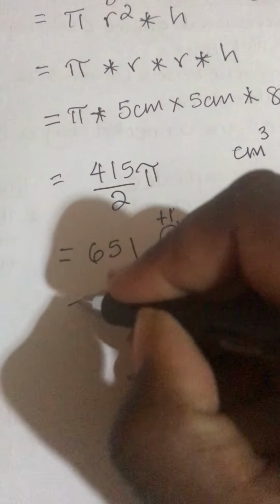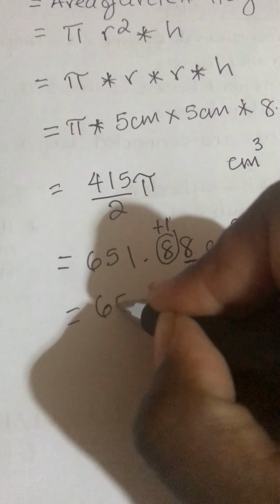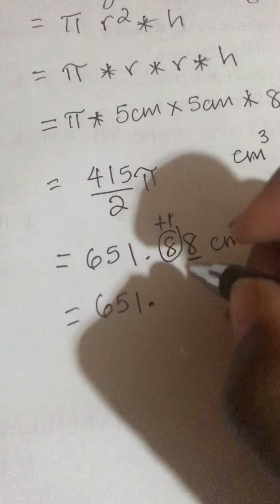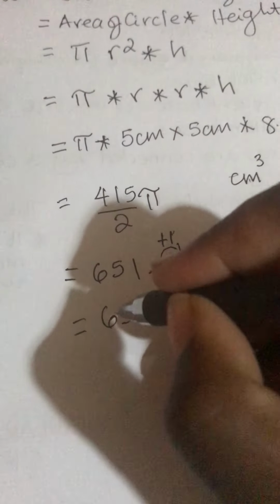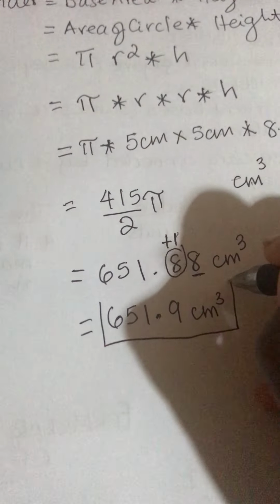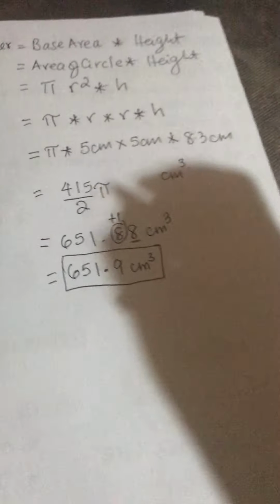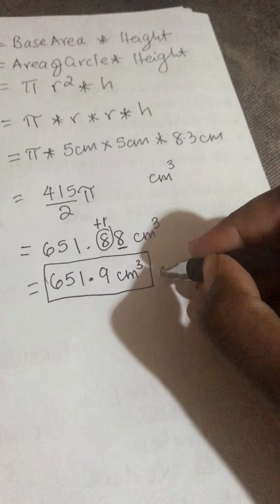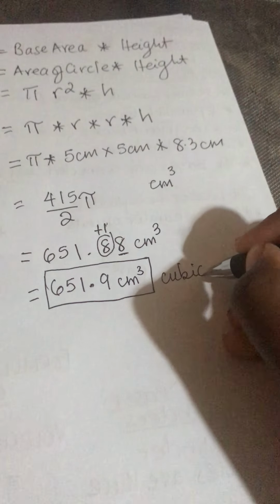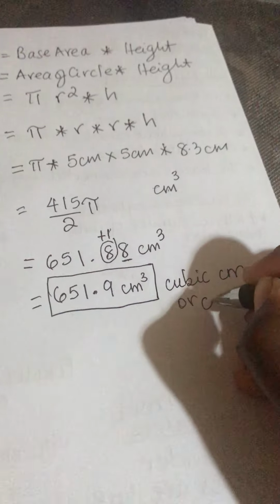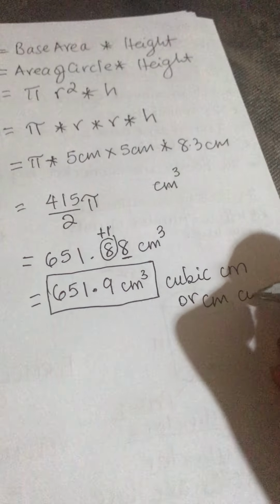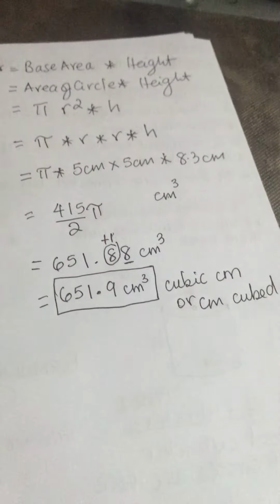So my answer will be 651 9/10 centimeter cubed, or cubic centimeter. That's how you read this. Cubic centimeter or centimeter cubed. Okay?